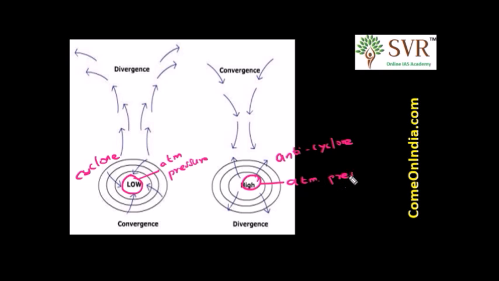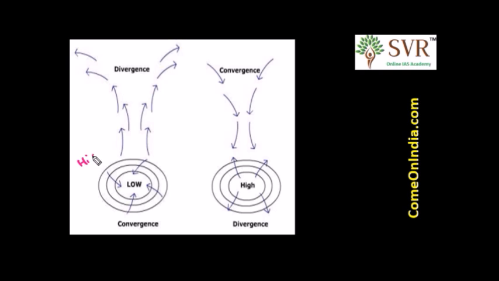As you may know, winds flow from high pressure area to low pressure area. So now let's understand the mechanism in cyclone. In cyclone, center has low pressure area. So from outward to inward, wind flow occurs in cyclones.